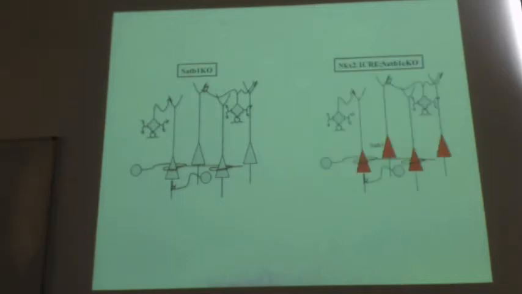So we thought that we might see a more obvious defective interneuronal inhibitory circuit if we specifically delete SAB1 from cortical interneurons. Therefore we have generated knockout mice by using this NKX2.1 Cre line that I have described to you previously, by which we delete SAB1 from all NKX2.1-derived interneurons.